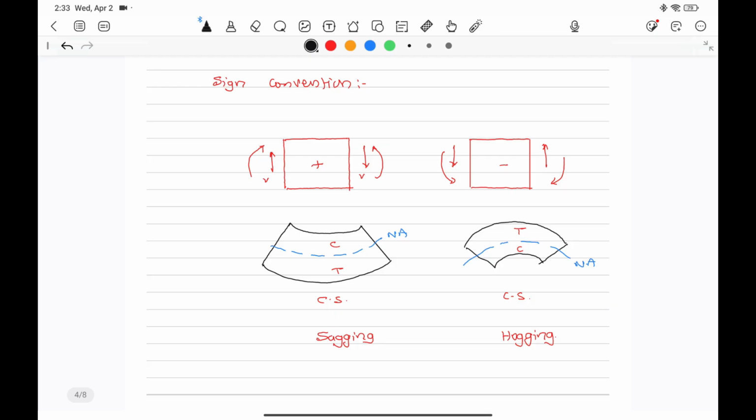Because when a beam is subjected to an external load, there will be resistance to the bending by the internal stresses of the beam, and also there will be resistance to shearing until the beam fails.